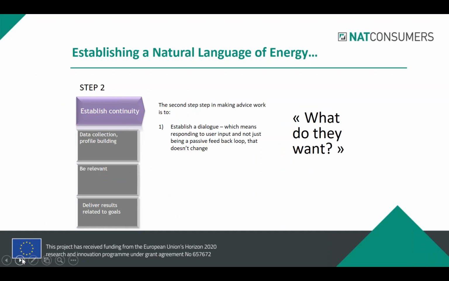After that, the next step in the process is, as we are saying, to establish continuity and to understand more in detail what it is that the customers that we are engaging with actually want. We need to fulfill their wishes. It's not so much only a question of reducing energy consumption.